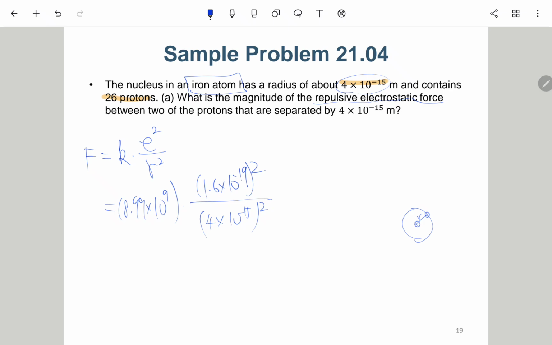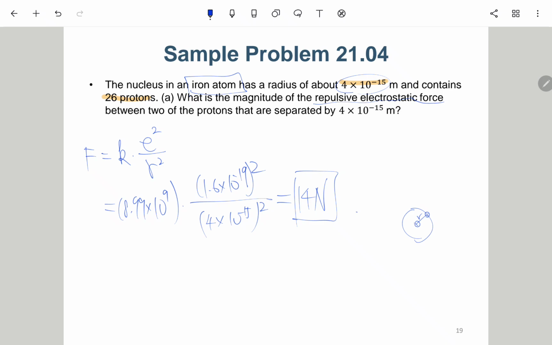Okay, so you press the calculator, and you will find that the repulsive force is 14 Newtons. Okay, so this is the force repelling two of the protons at this distance.